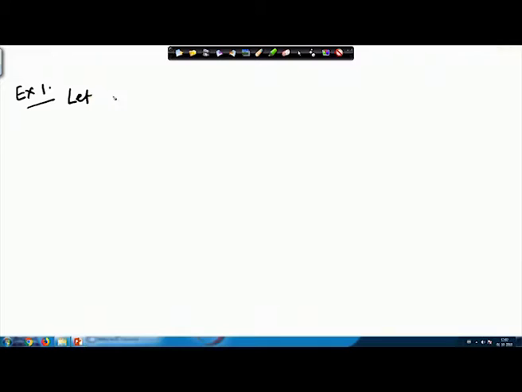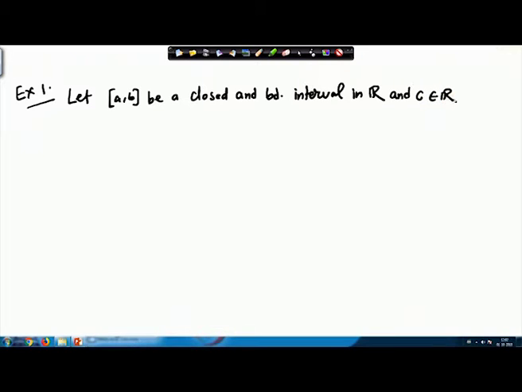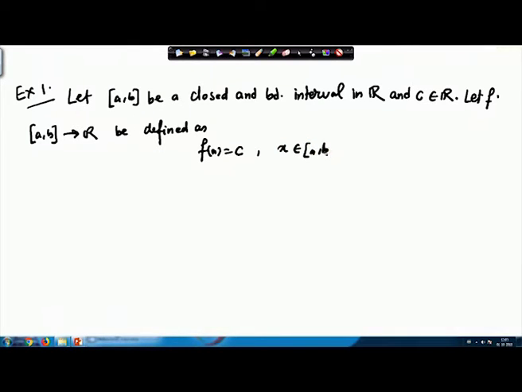Statement: let [a, b] be a closed and bounded interval in the set of all real numbers R, and c is any arbitrary number in R, and let f mapping from [a, b] to R be defined as f(x) = c for all x in [a, b].